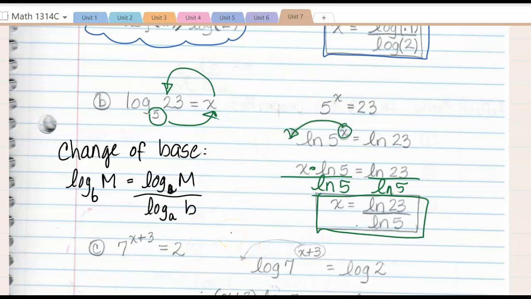So that's essentially what we did. We changed it from the log base 5 to the natural log. The natural log of 23 divided by the natural log of 5.